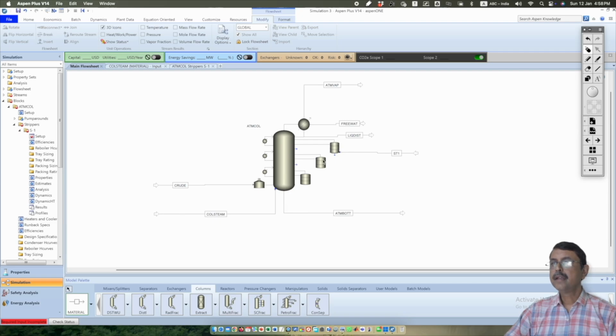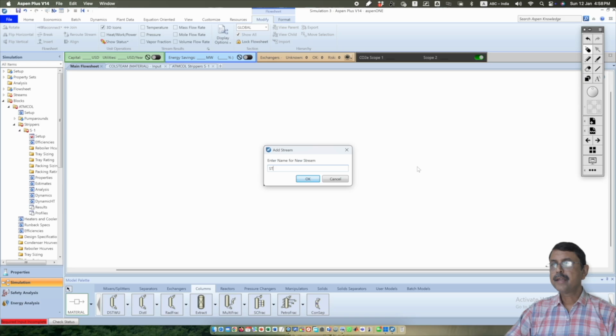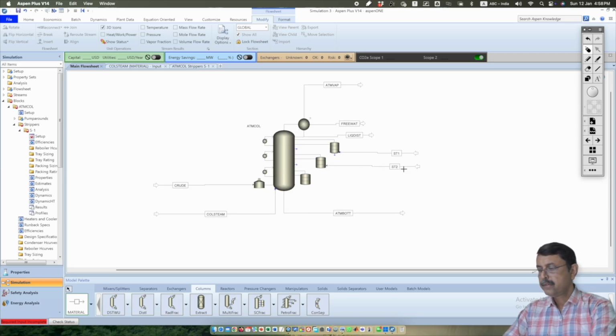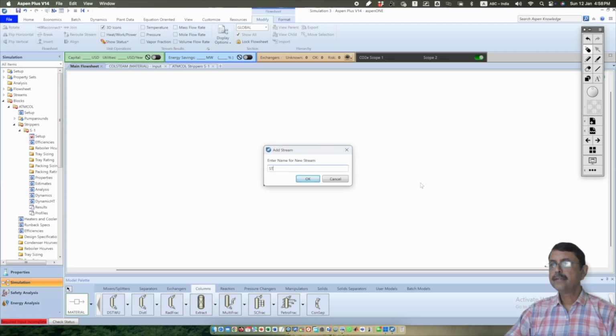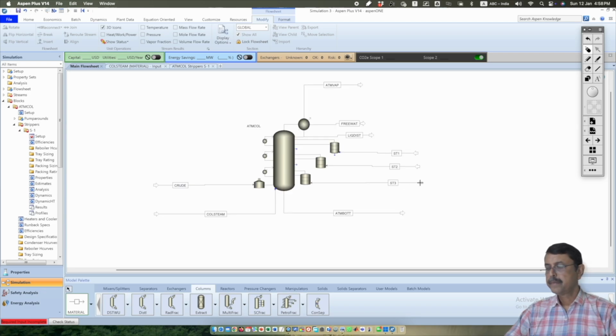Suppose there are 3 strippers, okay? We use these icons to identify stripper 1, stripper 2, stripper 3. So this is stripper 1. Let us say this is steam for stripper 2. And finally, this is steam for stripper 3.